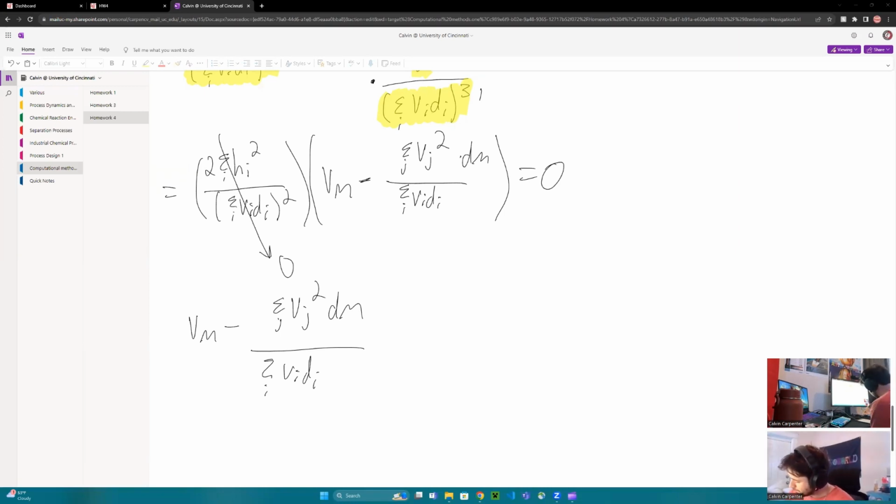Okay. So now we're going to set all this good stuff equal to alpha. So that leaves us with VM minus alpha dm equals 0.